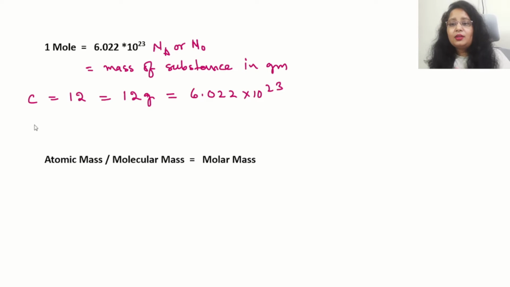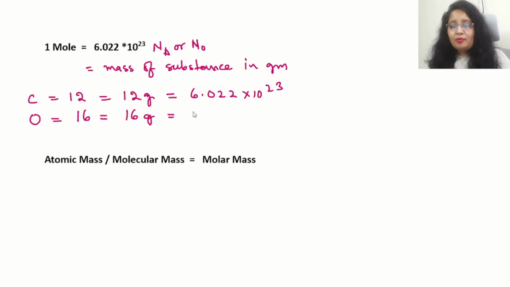Clear? In the same way, let's take oxygen. Oxygen's atomic mass is 16. Now it's the gram atomic mass, or we can say molar mass, both are the same thing. Gram atomic mass is 16 gram. We can write like that. Now in 16 gram, how many oxygen atoms are there?